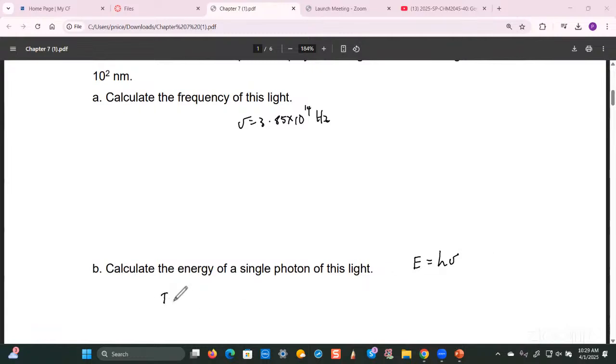So in this case, the energy will be equal to h. Now remember, h is Planck's constant, which by the way I think is in the packet that I've given you, so you don't need to memorize it. 6.63 times 10 to the minus 34 joule seconds, multiplied by 3.85 times 10 to the 14 hertz. So let's see what that gives.